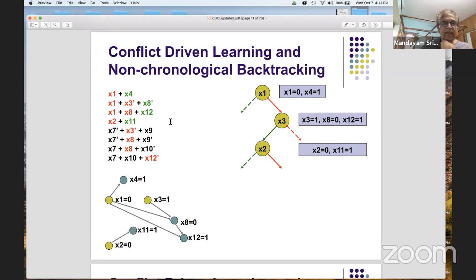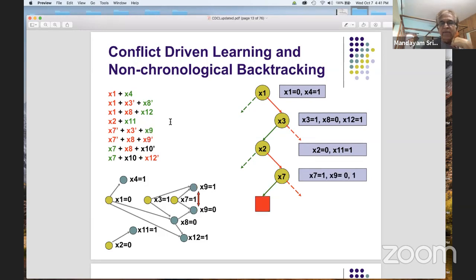After that, you're still left with 4 clauses. Then you pick x7 to do a voluntary decision on, and then x9 becomes an implied value.